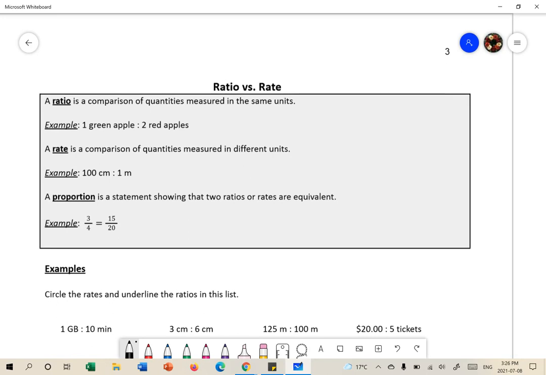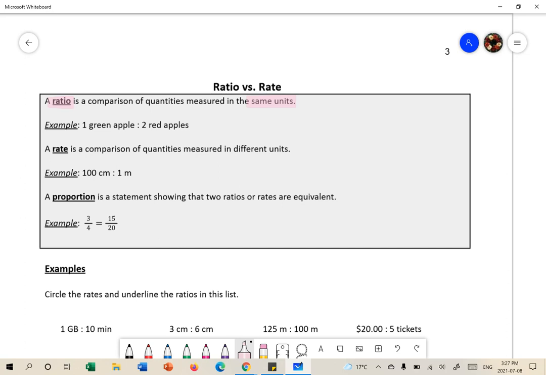So now that we are experts at unit rates, let's compare the difference between a ratio and a rate. A ratio is a comparison of quantities measured with the same units. Example, apples to apples. 1 green apple versus 2 red apples.